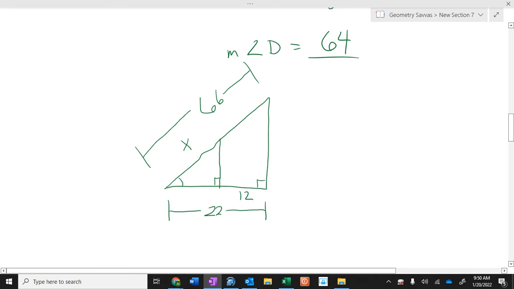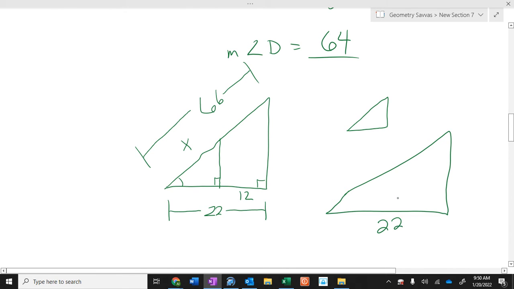All right. How are we going to figure out x? Well, what we could do is draw two triangles. Now, I know the big triangle is 22 on the bottom, 66 here. I know the little triangle is, what's 22 minus 12? 10 on the bottom and x here.